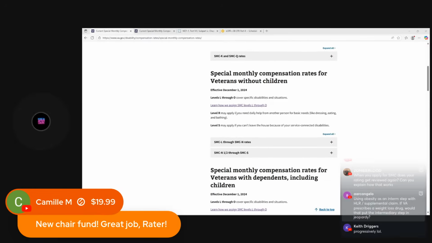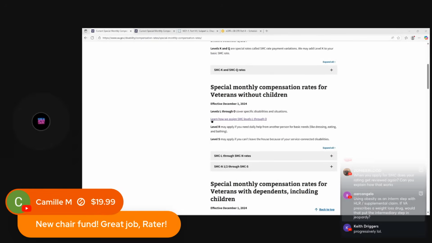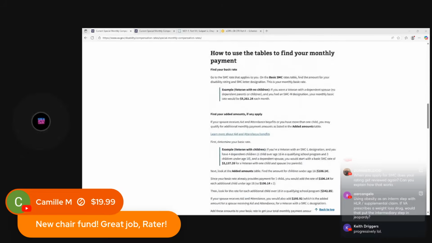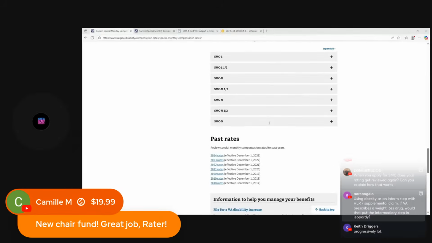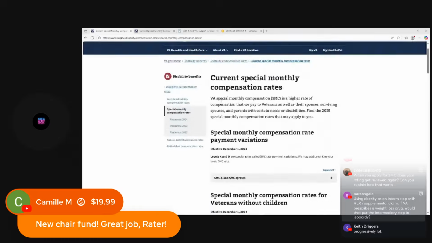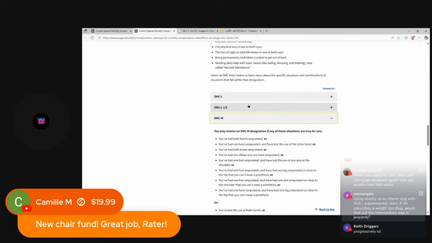Now, this is the monthly amounts, but you can also go here and learn how we assign SMC levels for L, which is aid and attendance, through to O. It provides a good level of information. So let me just go through this real quick.